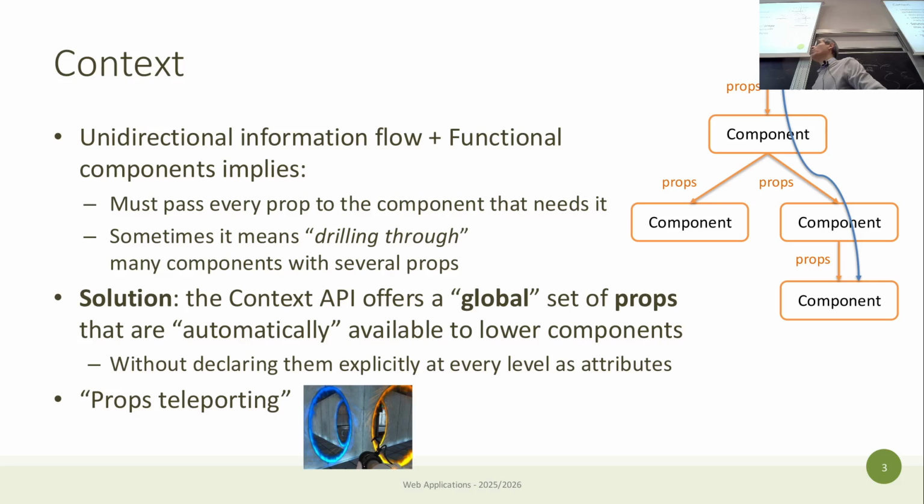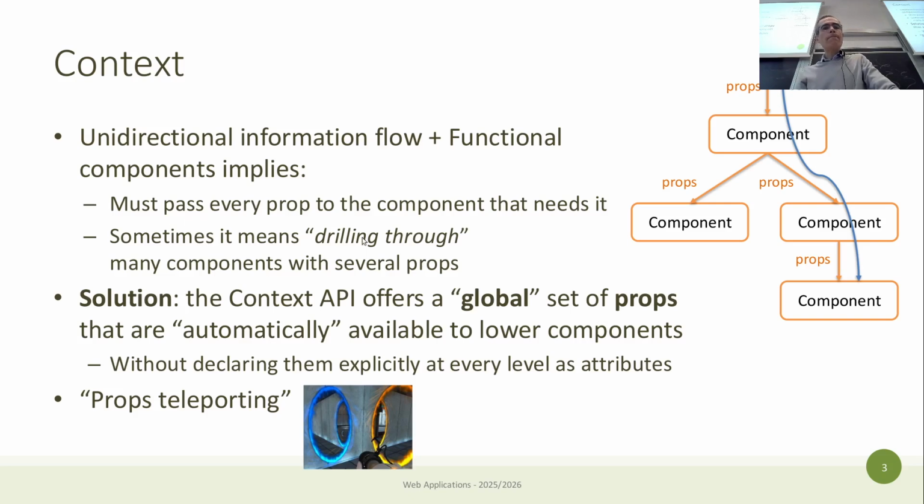But as you saw probably during the labs, it's also a bit inconvenient, because if you have many nesting levels for components, every time you have to pass each single prop, or an object that contains the props, but that's more or less the same. In short, every time you have to pass these props, okay?